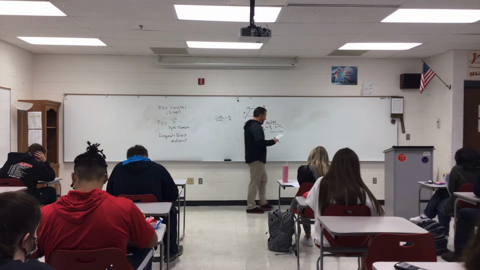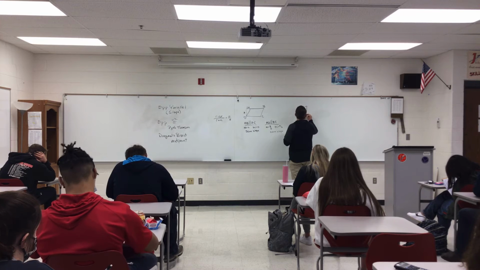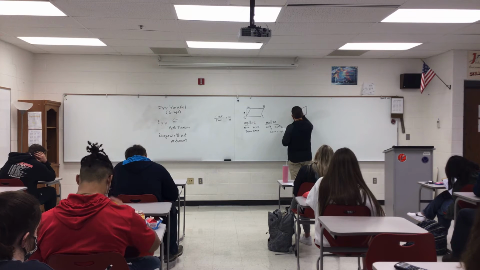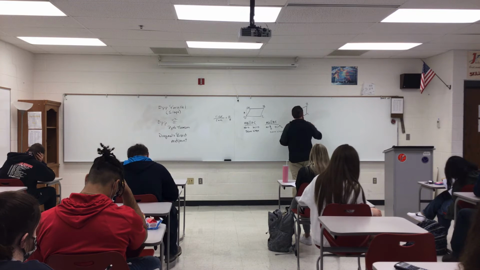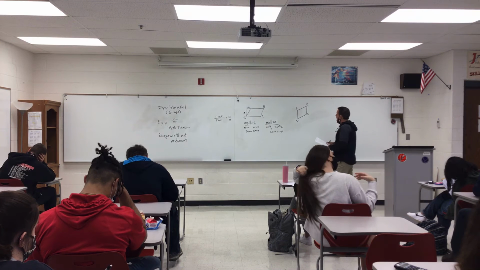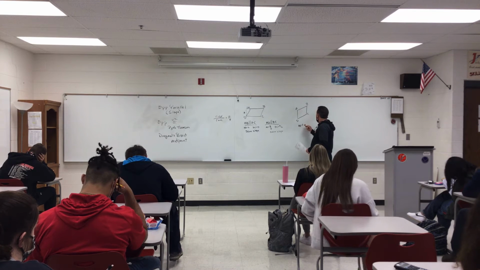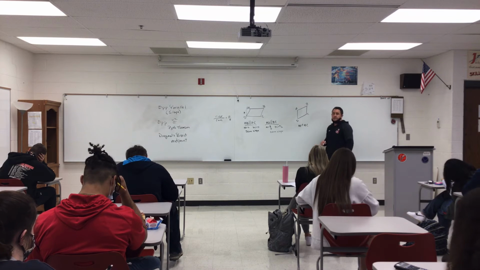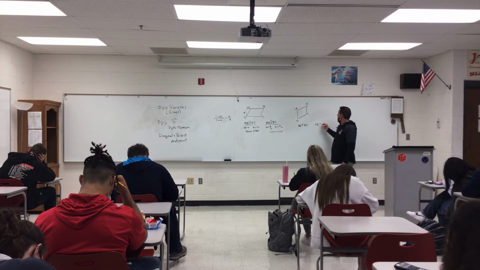Alright, let's look at method number 2. Now we're gonna try to show opposite sides are congruent. So we're gonna use the Pythagorean theorem, or we're gonna count. We want to show that AD is congruent to BC, and we want to show that AB is congruent to DC.